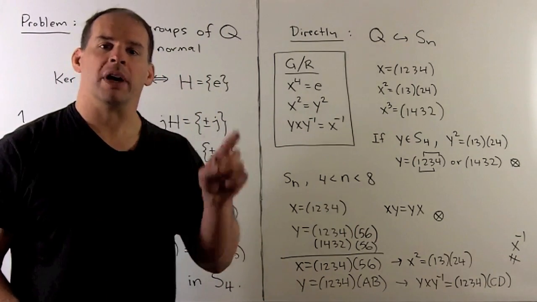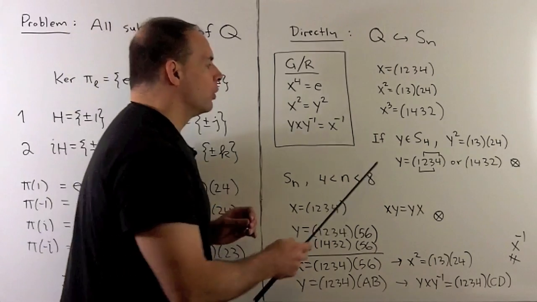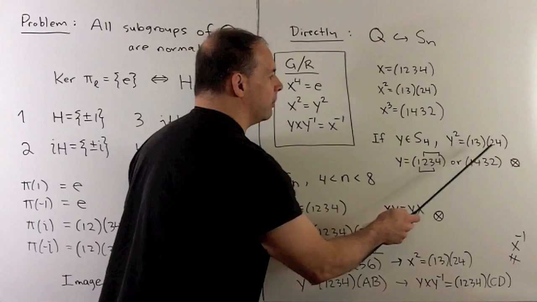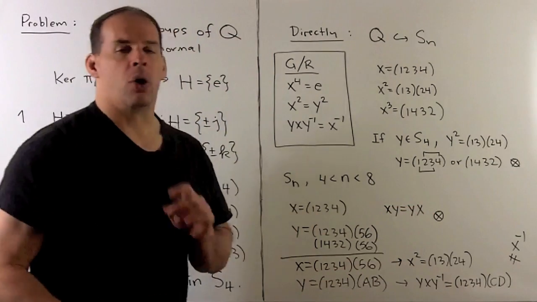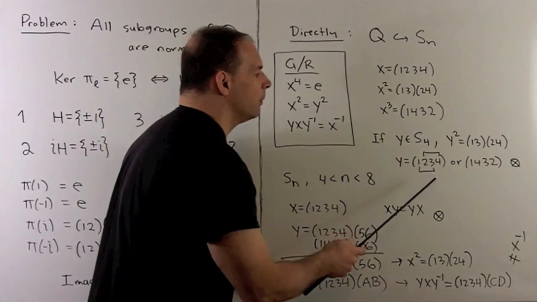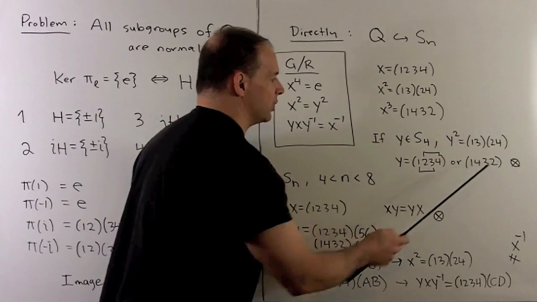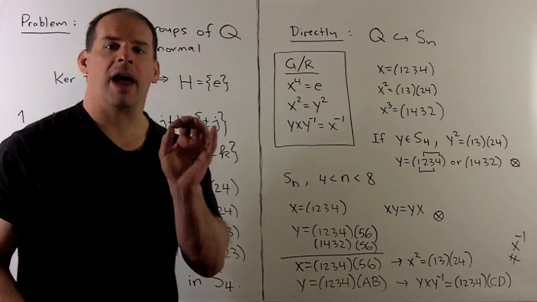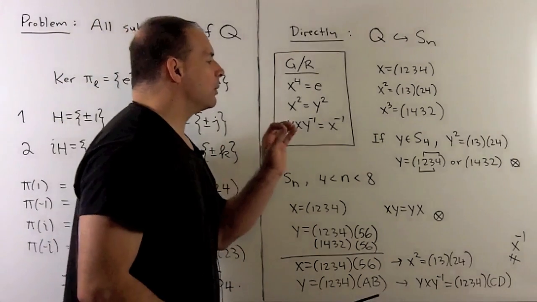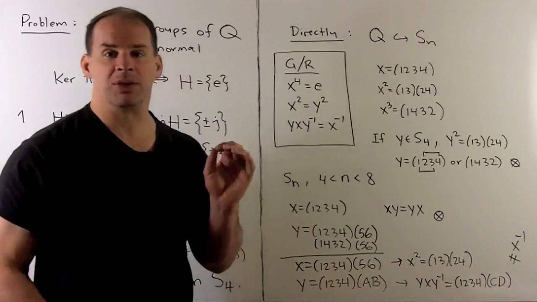Now, if we're in S4, we have to have that y squared is equal to x squared, so y squared is equal to (1 3)(2 4). The only 2 elements with that condition are the 4 cycle (1 2 3 4) and the 4 cycle (1 4 3 2). Now, they're x and x inverse, so this can't happen. So we're not going to be able to get the quaternion group in an S4.